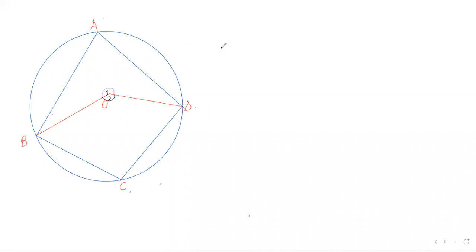Now, we can say that angle A is equal to half angle O2, because O2 is twice A, while O1 is twice C. Therefore, the reason is that the angle at the center, at circle center, is twice the angle at circumference.